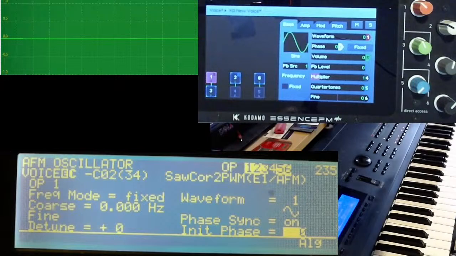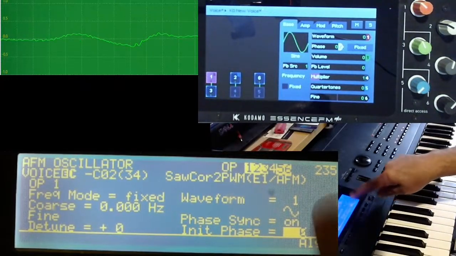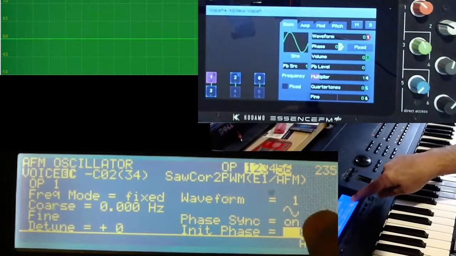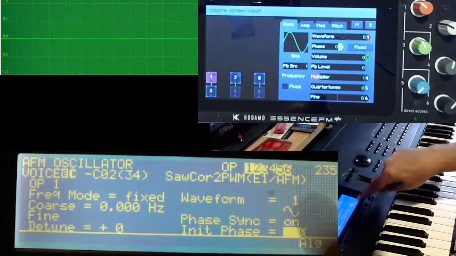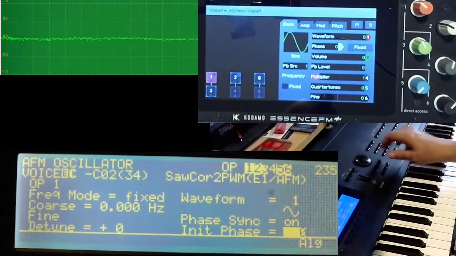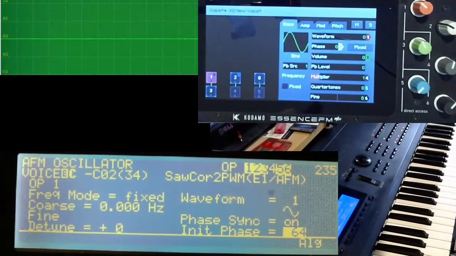So what we're going to do is we're now going to take our rising sine wave fixed frequency carrier, and we're going to make it a descending sine wave carrier. So we're going to take this, and we're going to change this wave to 64. So now it's initially going to start in the negative phase, not the positive phase. And check this out.